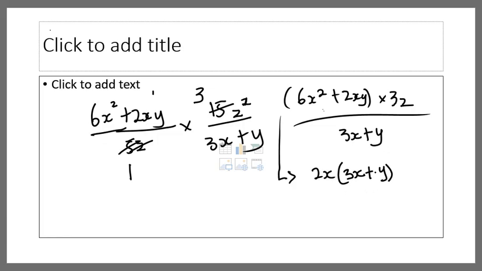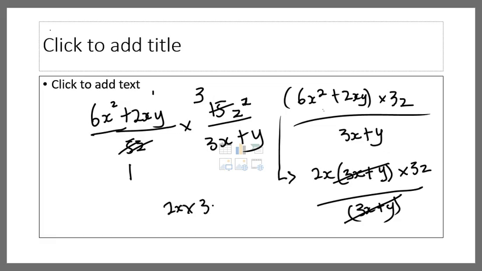Do you get the point? So now we have plus 3z all on 3x plus y. Since they are multiplying, this one can cancel this. Then what do we have here? We have 2x multiplying 3z. And what do we have as our final answer?